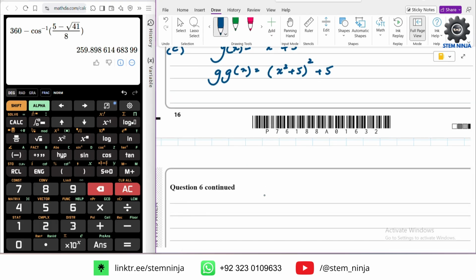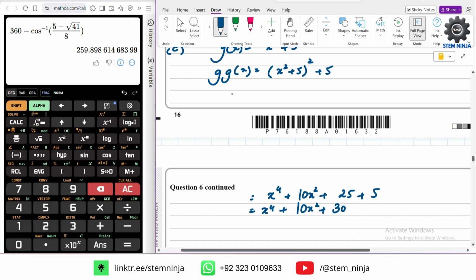Let's simplify this. x raised to power 4 plus 10x squared plus 25 plus 5. This would be x raised to power 4 plus 10x squared plus 30.